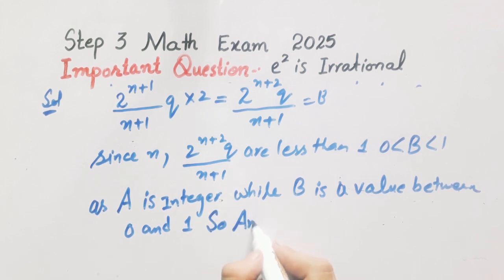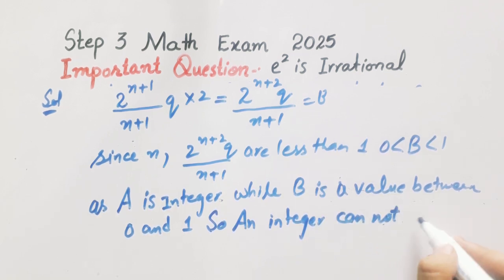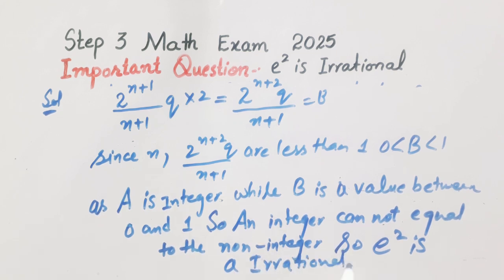So an integer cannot equal a non-integer. That's why we conclude that our assumption is wrong. So e square is irrational. This is the proof of this question.